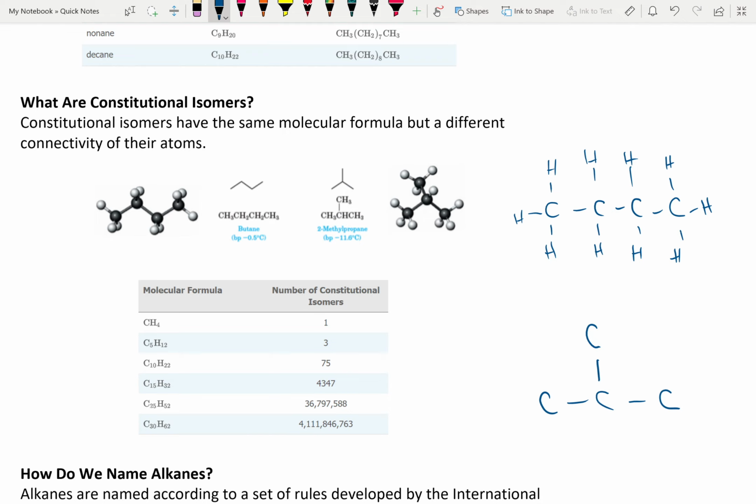So now we have this carbon that has 3 hydrogens, this carbon that has 3 hydrogens, right? And then this carbon also has the 3 hydrogens. Now we have this carbon bonded to 3 different carbons, therefore we can only put 1 hydrogen there.